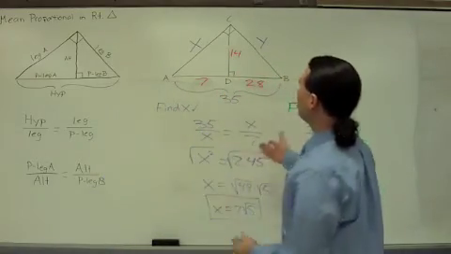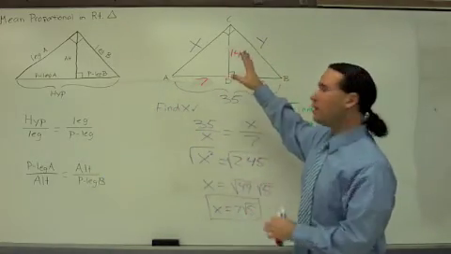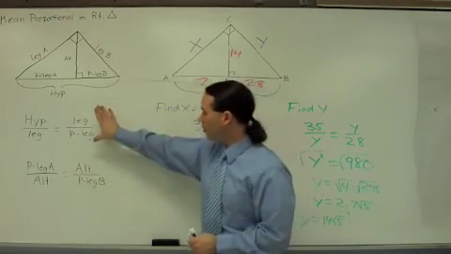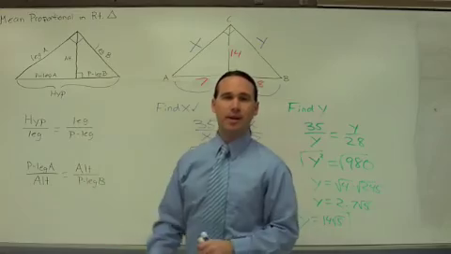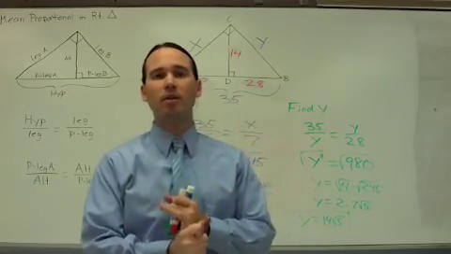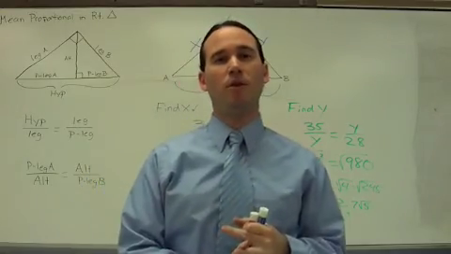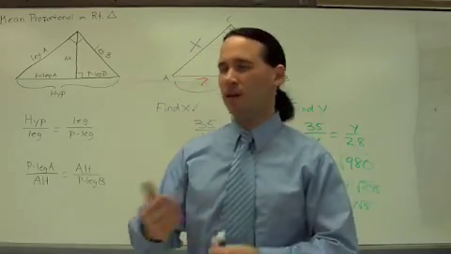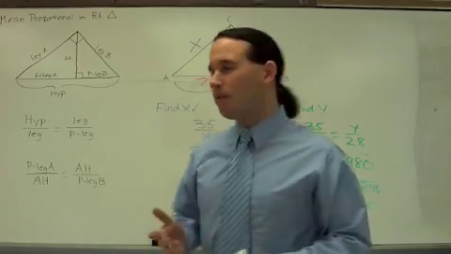Set your problem up, draw a picture, label it. If you have an altitude, this is your guy. No altitude, that's your guy. Plug in and solve. You might have to simplify a radical. You may have to factor a trinomial. But in the end, it's really just product of the means equal product of the extremes, and you work it out. That's algebra.